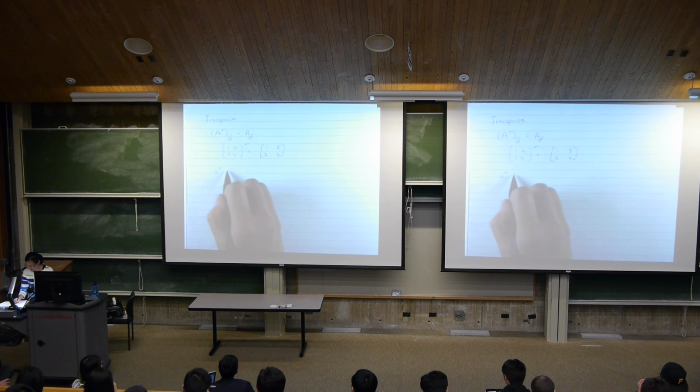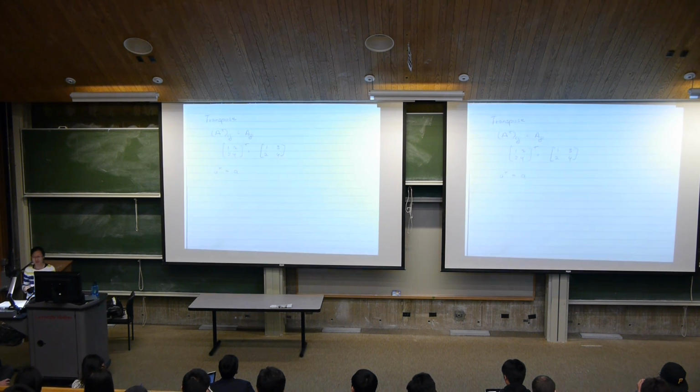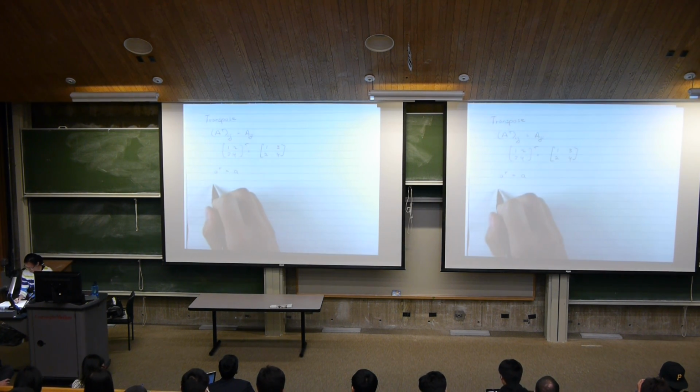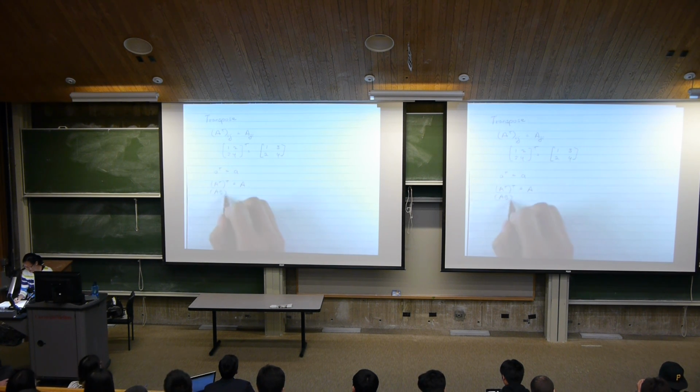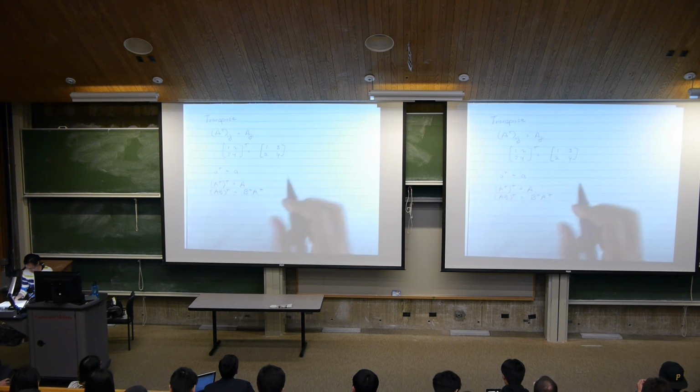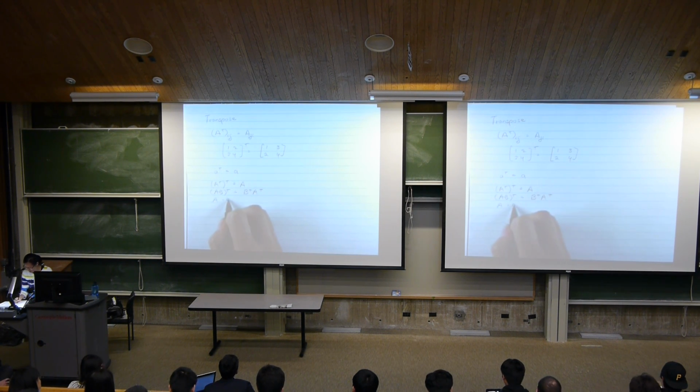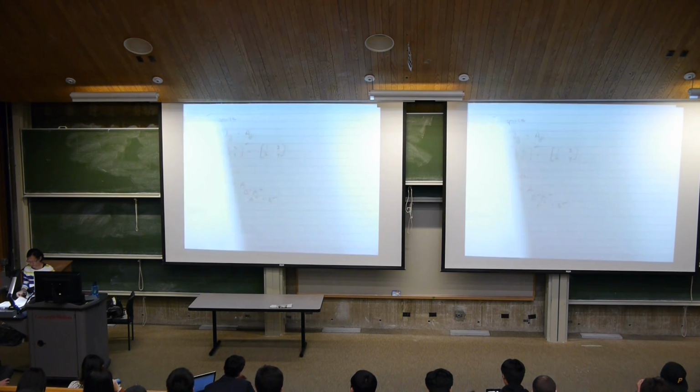When you take the transpose of a scalar, it's just itself. If you take the transpose of a product, you need to reverse the order. And if you take the transpose of a sum, you can just distribute the transpose onto those matrices.